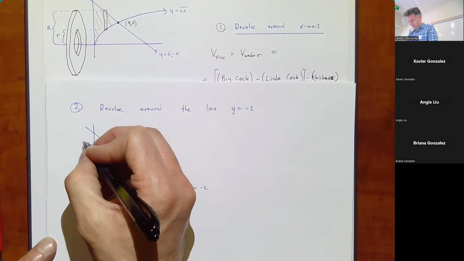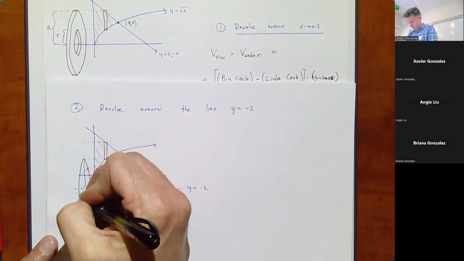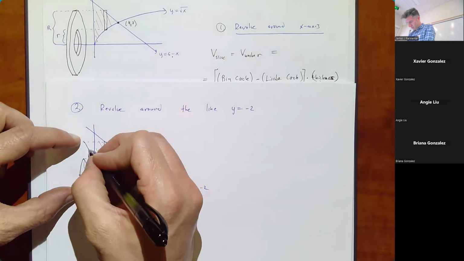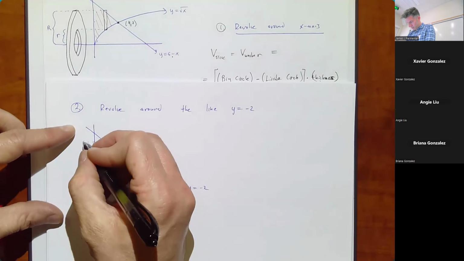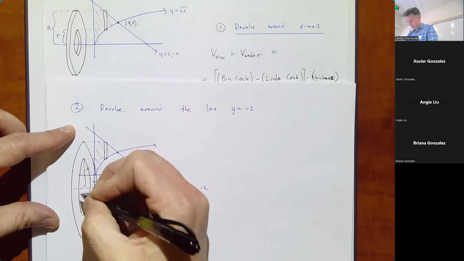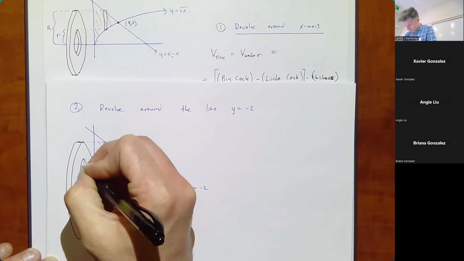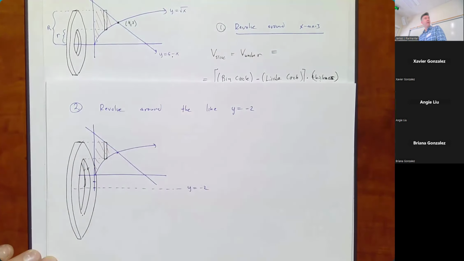And my larger radius is even bigger. It's going to be that much, that much. So there's my new washer, which is much wider. Has a much larger diameter.